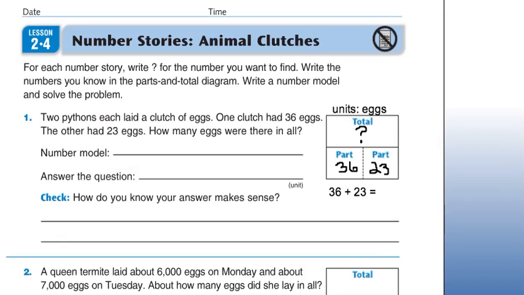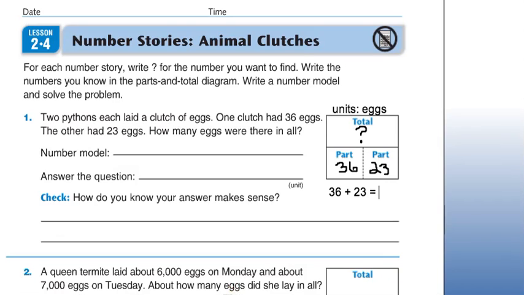Some of you might draw pictures. Some of you might use your fingers to count. Some of you might estimate by saying that 36 is pretty close to 40, 23 is pretty close to 20, add those together, subtract 4, 3, okay? Many different ways that you can go about solving this.